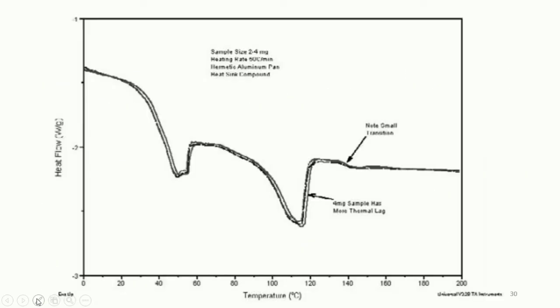In addition to the crystalline drug, the microspheres contain an even higher concentration of amorphous drug. However, all the data shown in this picture show only a single glass transition at about 35 degrees Celsius.